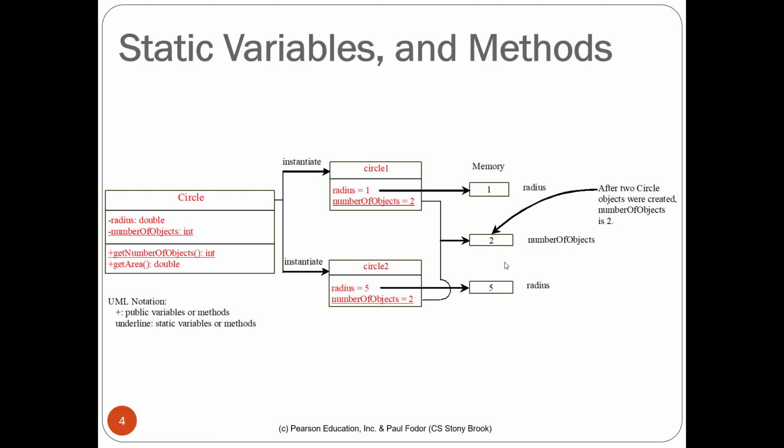Alright, so that's what we are trying to show by this figure, which says that static data members are shared across the different objects of the same class. So that's a common memory location, whereas instance variables have their own memory location. They don't share the memory location, but static data members do.